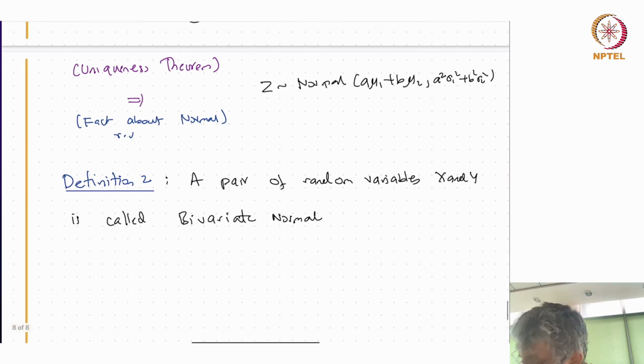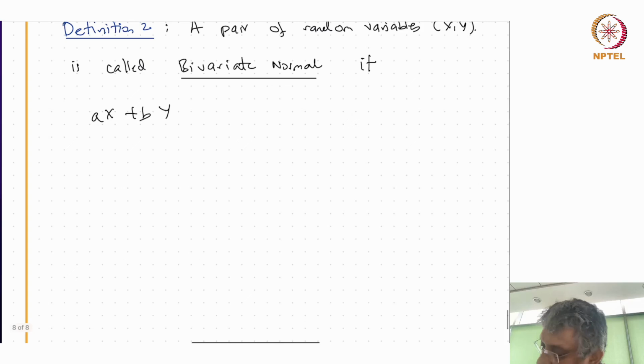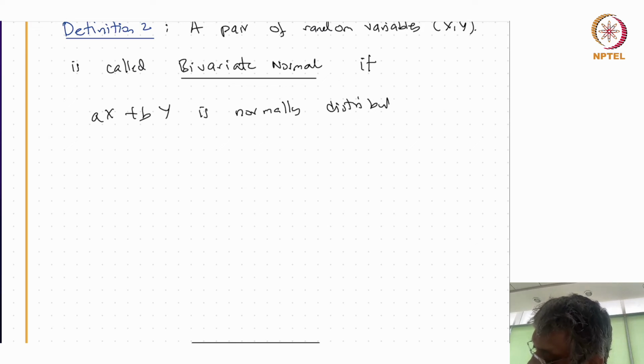It's called bivariate normal if ax plus by is normally distributed for all real numbers a and b.